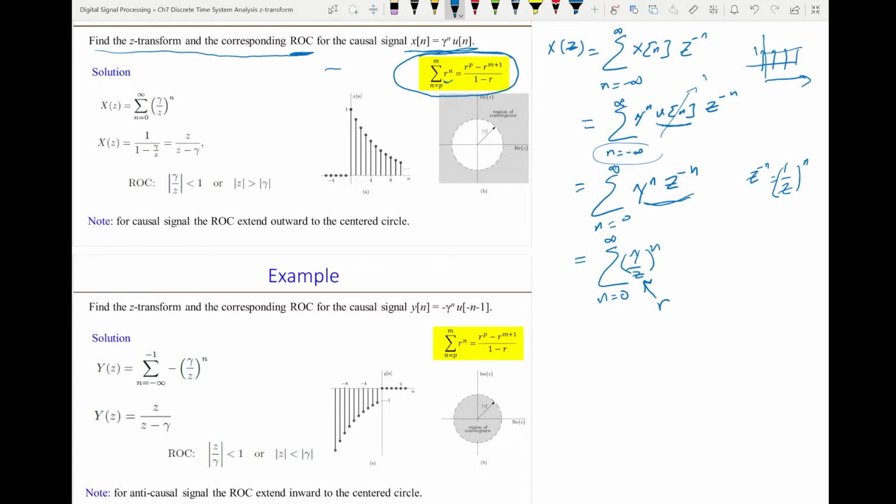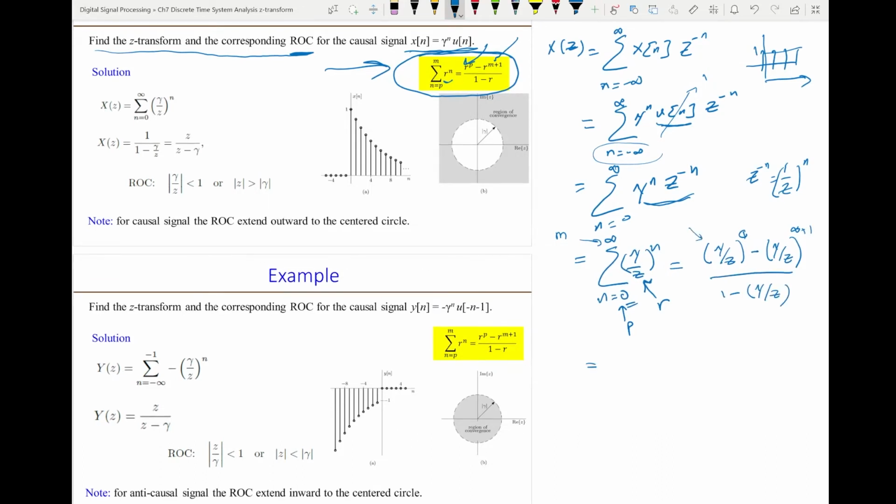If I compare it to this, this is my p, and infinity is m. So the answer will be r to the power of p, so that is gamma divided by z to the power of p, which is 0, minus gamma over z to the power of m plus 1, which is infinity plus 1, over 1 minus r.